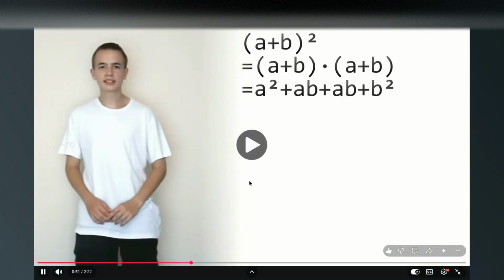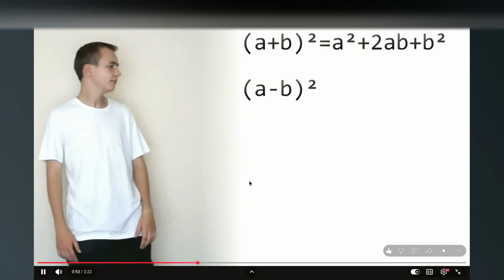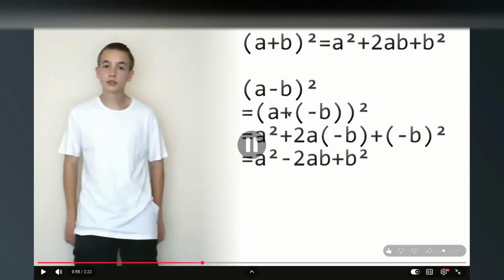And lastly, I just need to plug this back into the formula. 1836025 minus 2710 plus 1. And remember this formula, a minus b in the parentheses squared is a squared minus 2ab plus b squared.